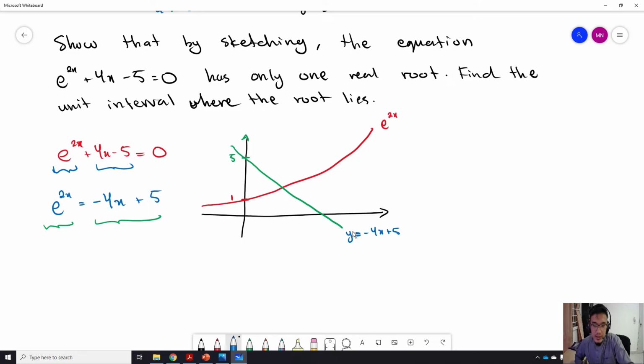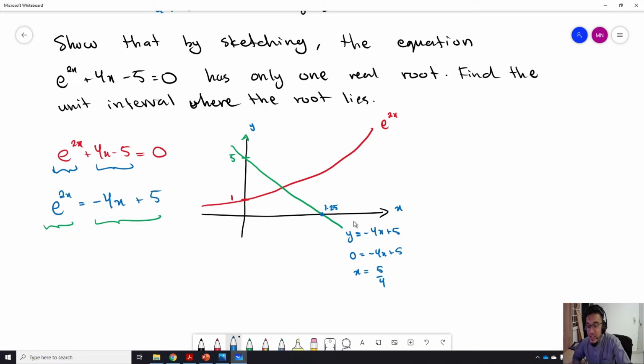Alright. Okay. So in order to find the intersection right here, we can substitute y equal to 0. So 0 equals negative 4x plus 5, and x is equal to 5 over 4. So this is the point 1.25.